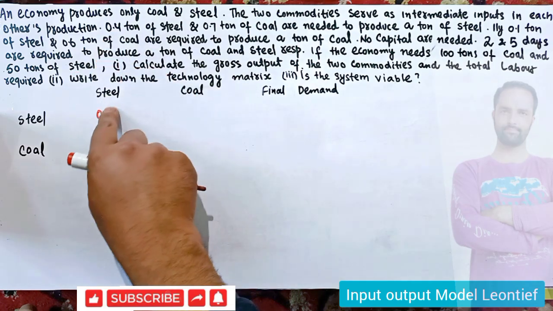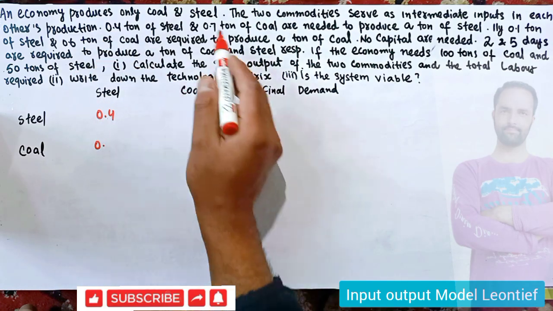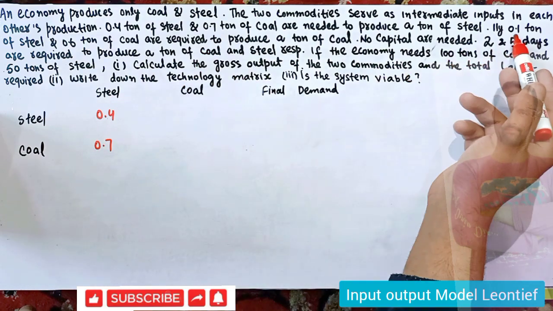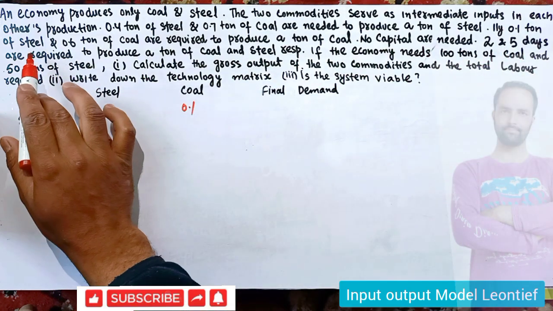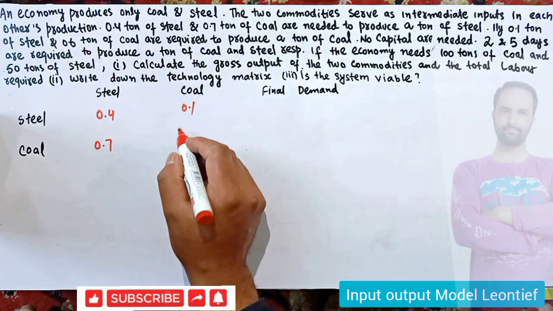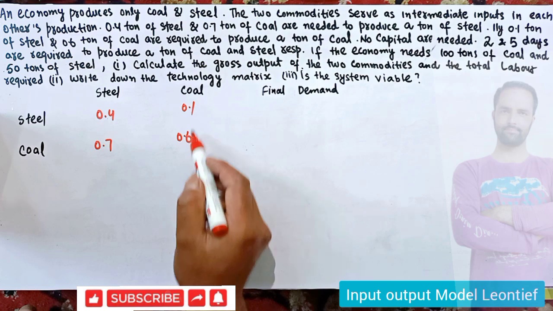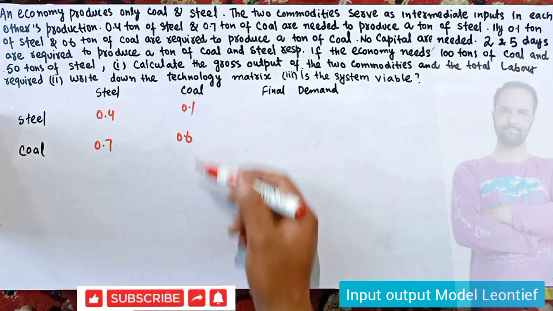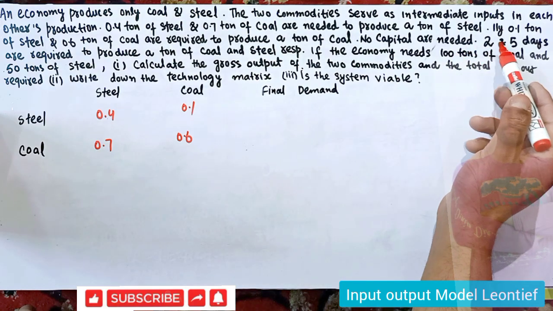Okay, similarly we are being told, sorry, we have 0.4 here, 0.4 ton of steel and 0.7 ton of coal are needed to produce 1 ton of steel. Similarly 0.1 ton of steel and 0.6 ton of coal are required to produce 1 ton of coal here. Okay, also we are being told that labors are 2 and 5.